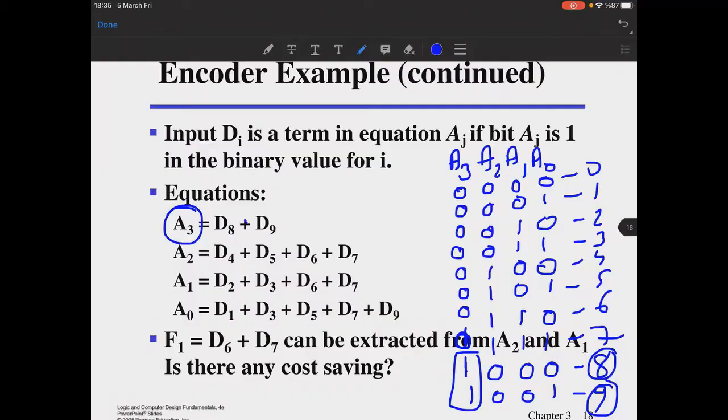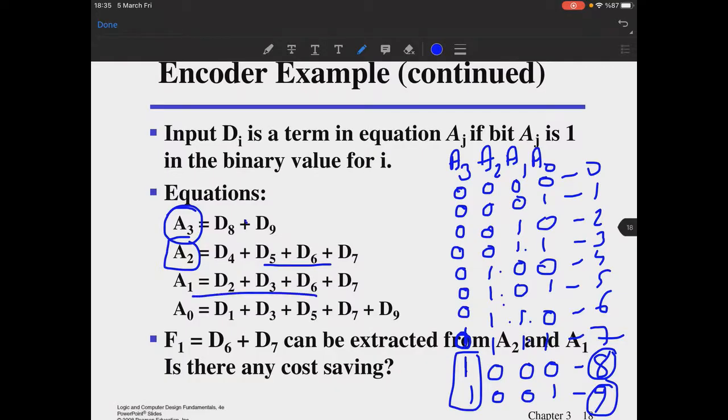And in what cases, because you OR them together, is your A2 1? In 4, 5, 6, 7, where you see this one. Your A1 will be 2, 3, 6, 7, again, okay, this one.